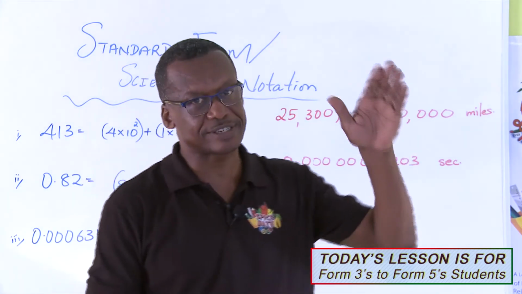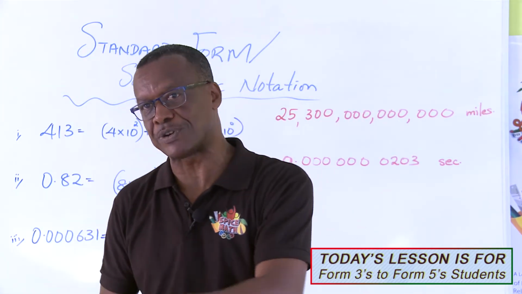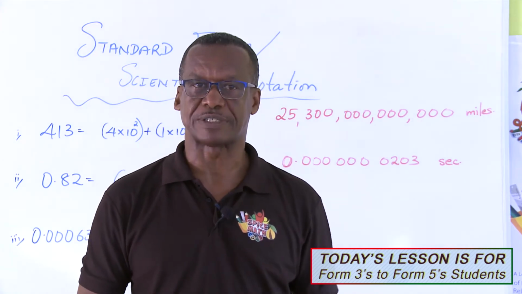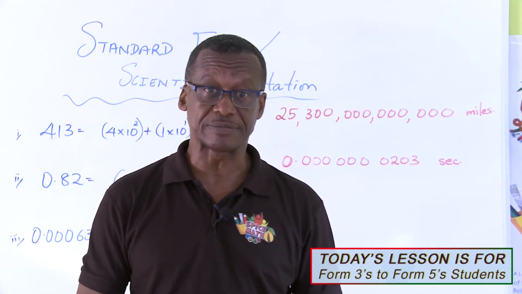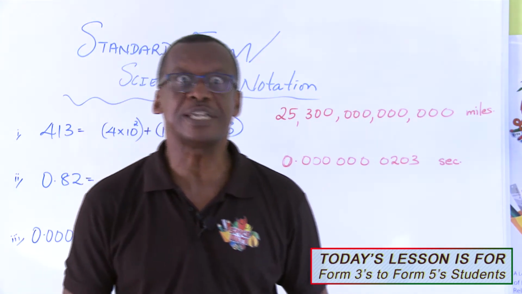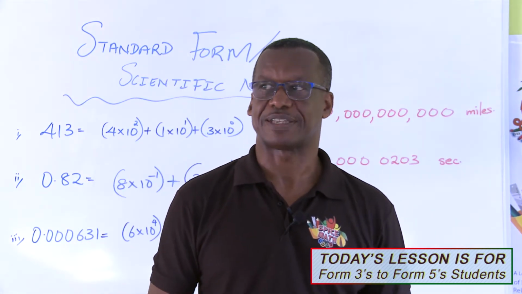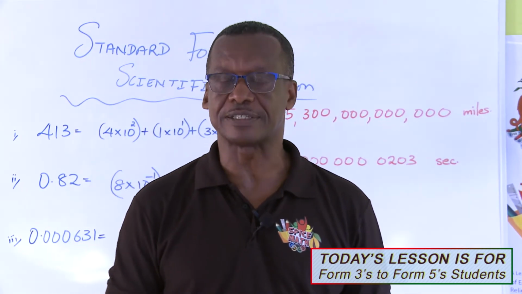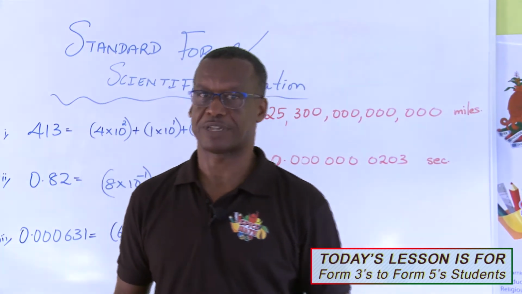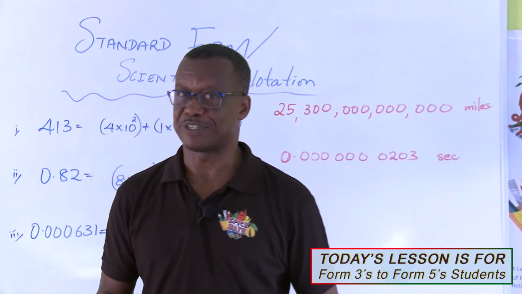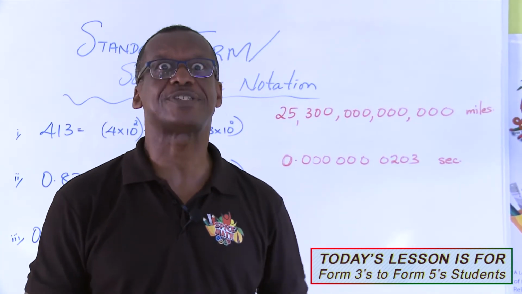Well, there's a nice little process you can follow, because after trillion, we go to quadrillion, then quintillion, followed by sextillion, septillion, octillion, nonillion, and decillion.